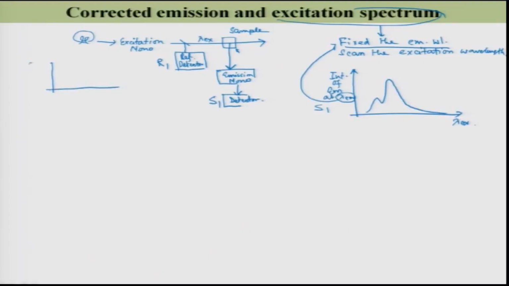So, this output intensity of lamp versus wavelength, which is this lambda excitation, is like this. When the lambda excitation is over here, obviously the fluorescence intensity will be small. When it is like this, the fluorescence intensity will be more.